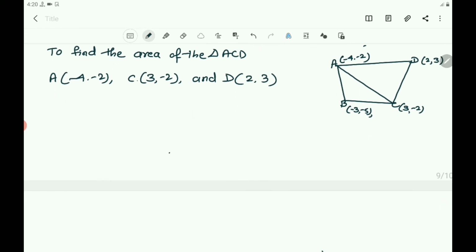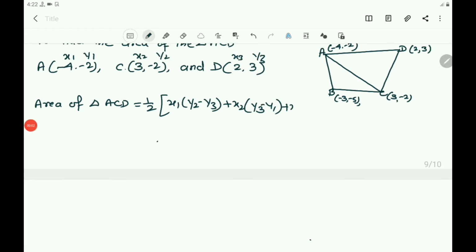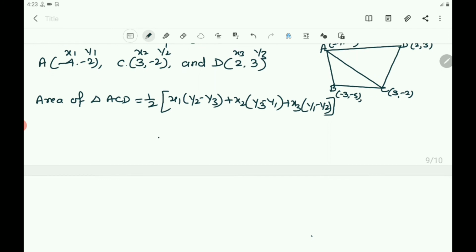Then area of triangle ACD equals, write the formula, half into x1 into y2 minus y3 plus x2 into y3 minus y1 plus x3 into y1 minus y2.